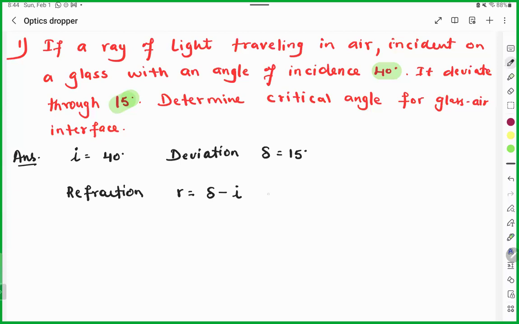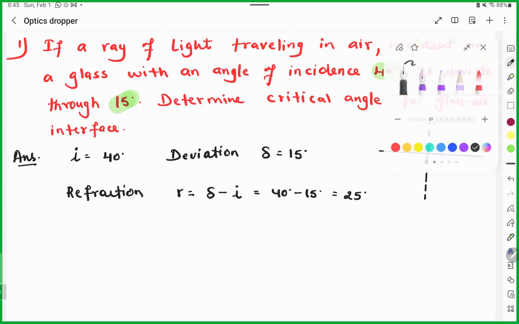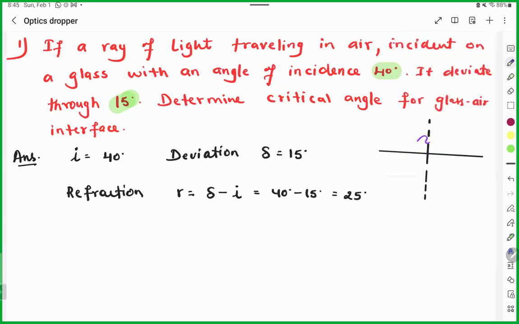Oh sir, I directly substituted sine 15. So it will be equal to angle 25. How? 40 minus 15. So refraction is equal to incidence minus deviation.